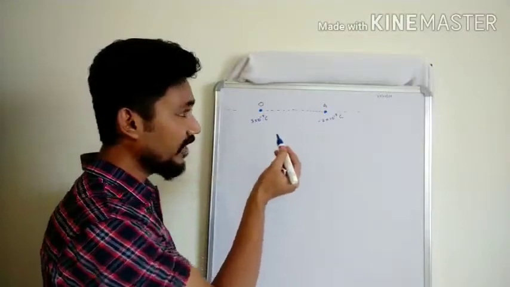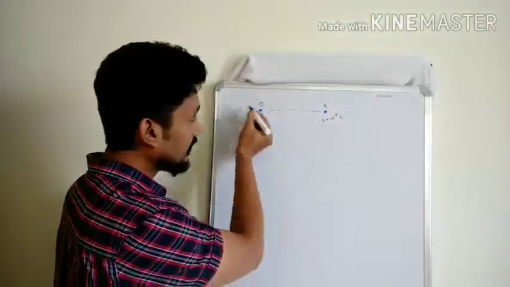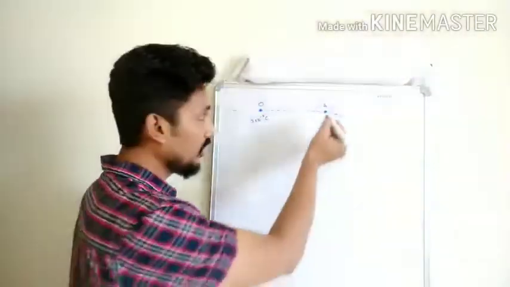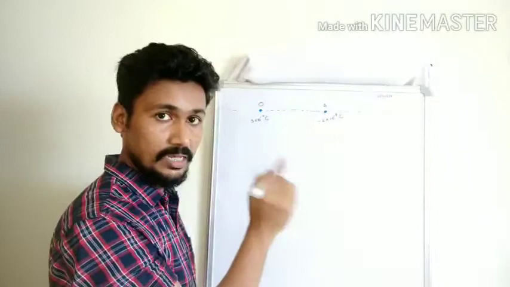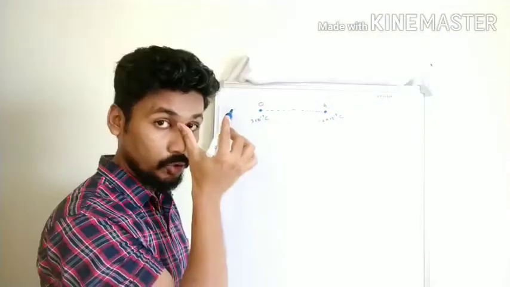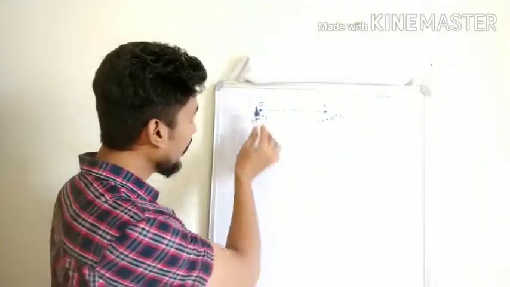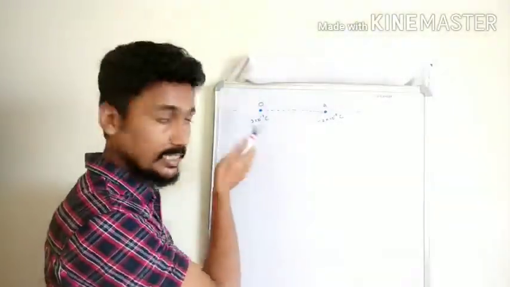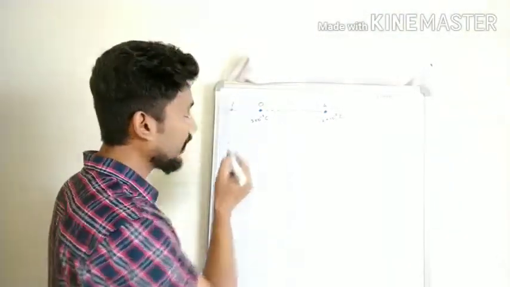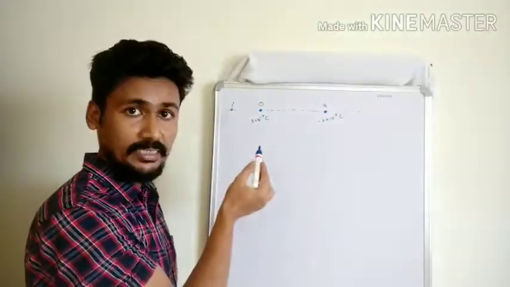Now, where do we take the point? Should it be towards the left of O, between O and A, or after A? First, it can never be towards the left-hand side of O, that is, along the negative x-axis. Why is that? Let us say this is our required point P on the negative x-axis.